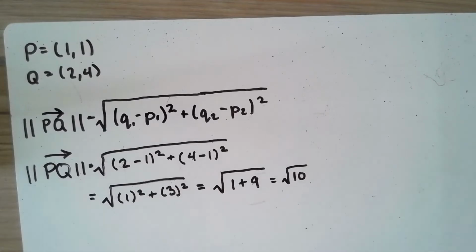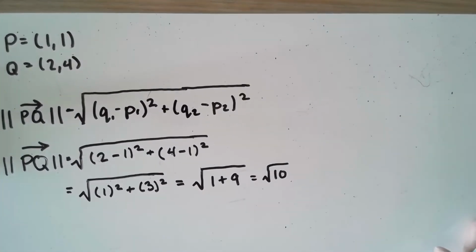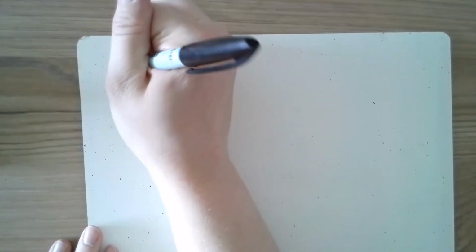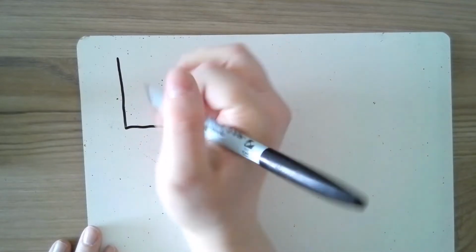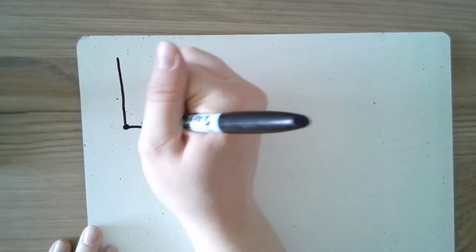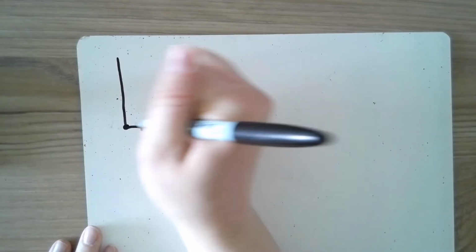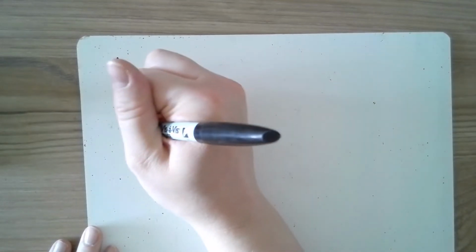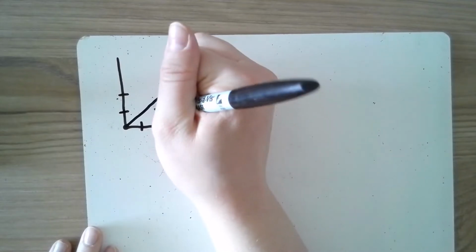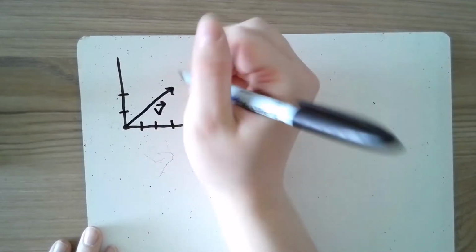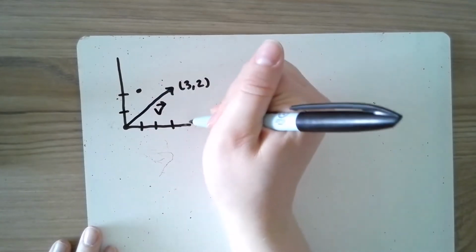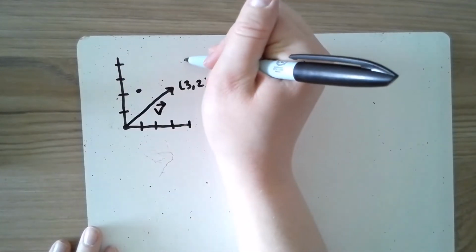Now that we know the component form and the magnitude, we can show that two vectors are equivalent. If we have this vector, we'll call it vector v, that starts at (0, 0) and ends at (3, 2). And we also have a vector u that starts at (1, 2) and ends at (4, 4).